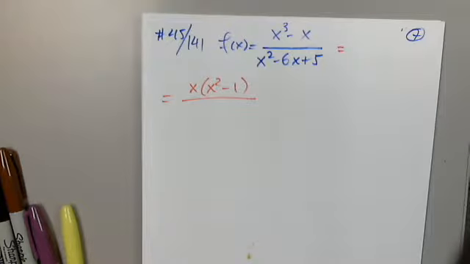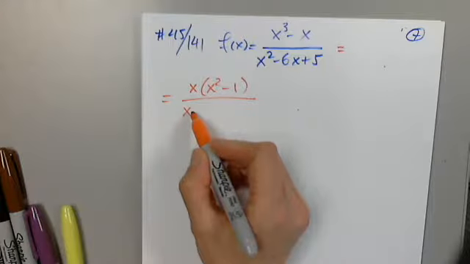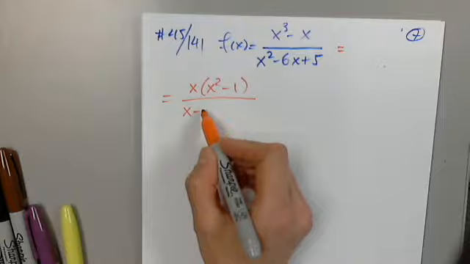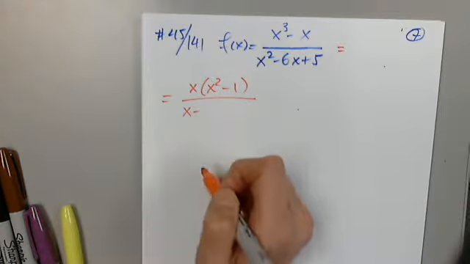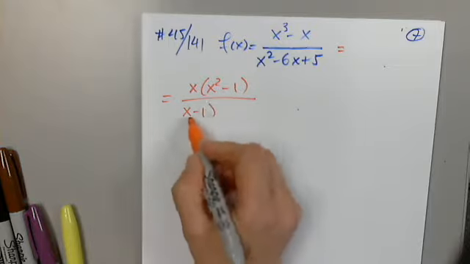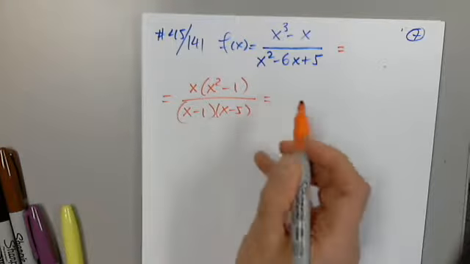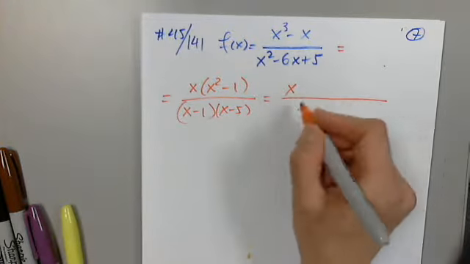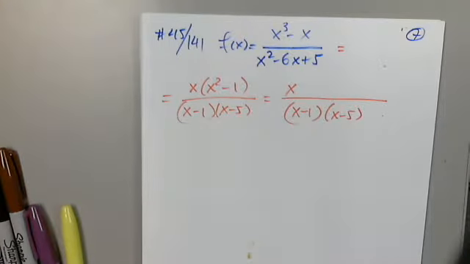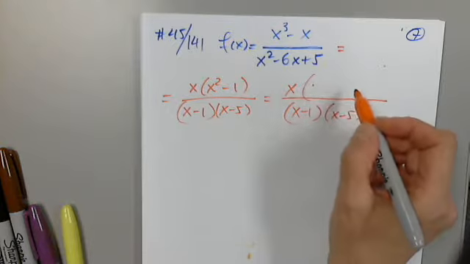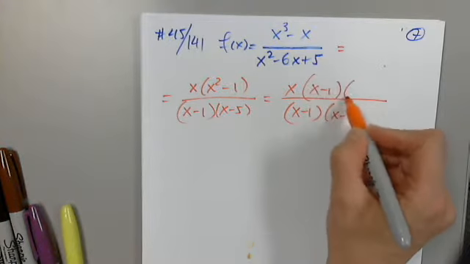I will continue with the denominator, which is x squared minus 6x plus 5, so I think of x minus 1, x minus 5. Very good. And then I continue with the top one more time. It's a difference of squares. So, very good.